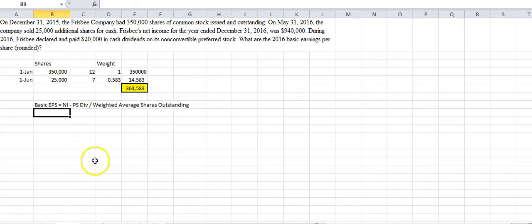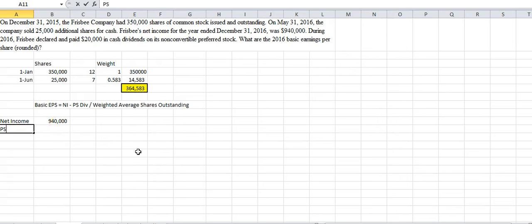Okay, so it says that we had 940,000 net income. You need to adjust that for the amount that was paid to preferred shareholders, right?